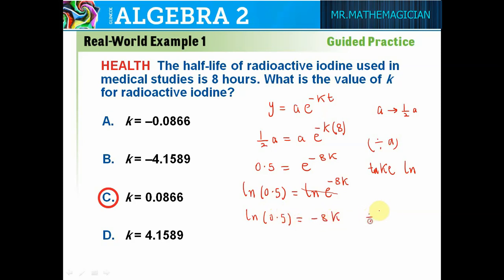Now we can divide by negative 8 on both sides, so k equals ln 0.5 over negative 8, and it will be approximately 0.0866. So really C is the accurate choice.